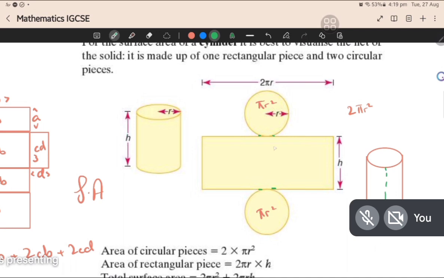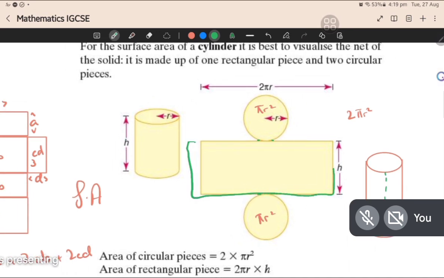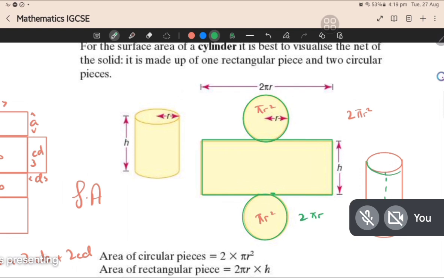So what you'll have when you unravel this into a net diagram is a rectangle, and you have a circle and another circle. Now, when we take this circle and we take its circumference, would that equal the length of this rectangle? Yes or no?